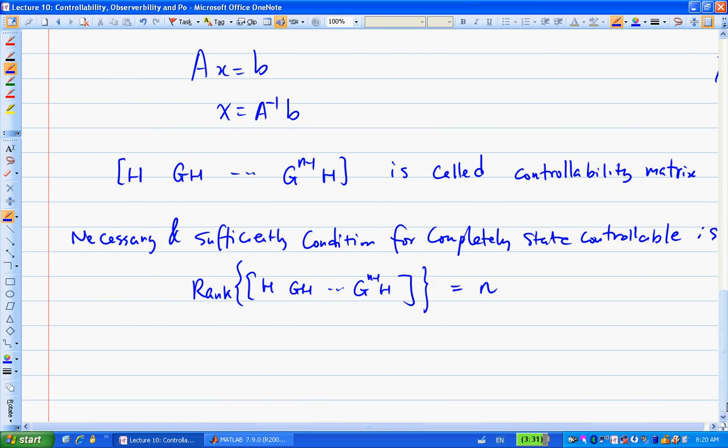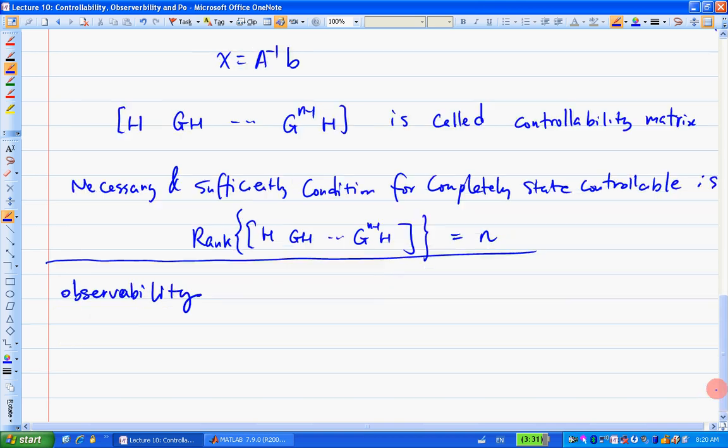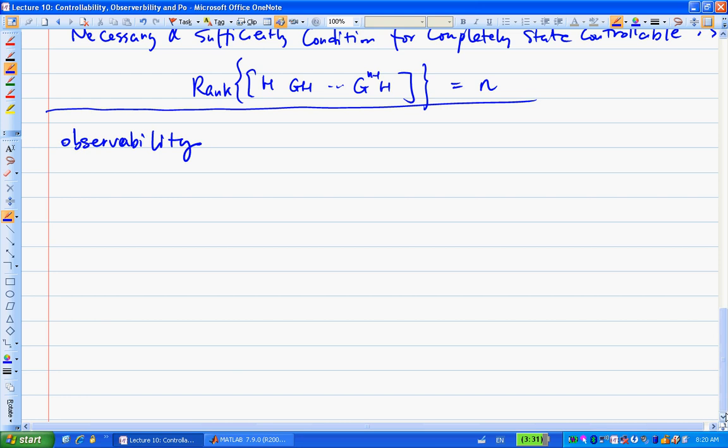Okay, any questions? Are we good? So now let's take a look at the second concept, observability. Okay, so observability. What we do is, let's consider this one.